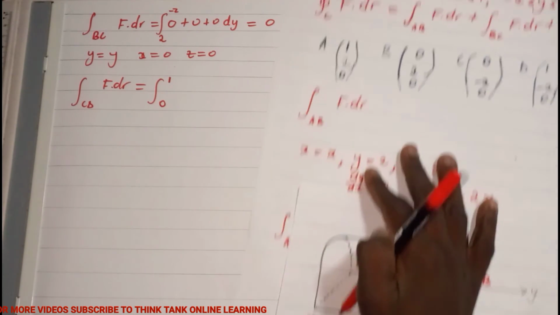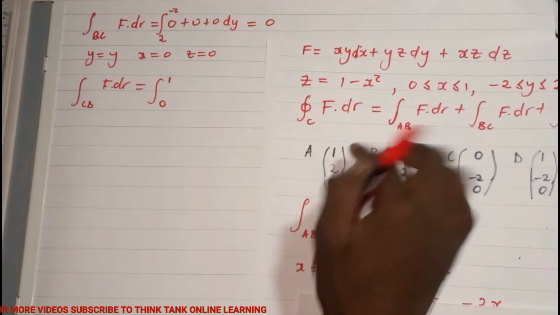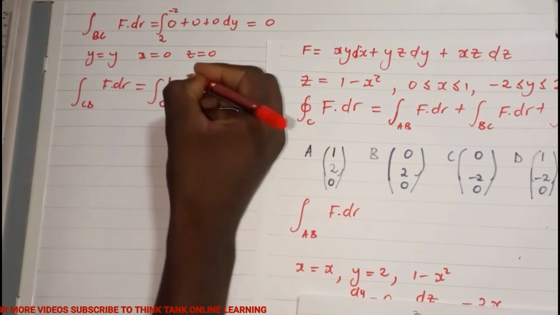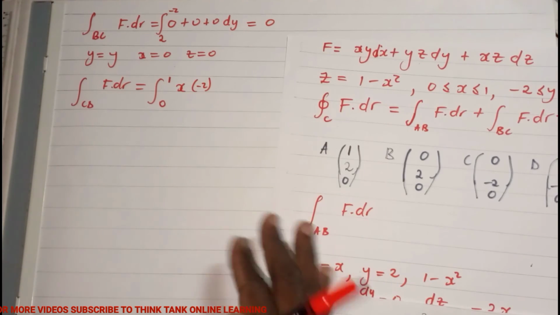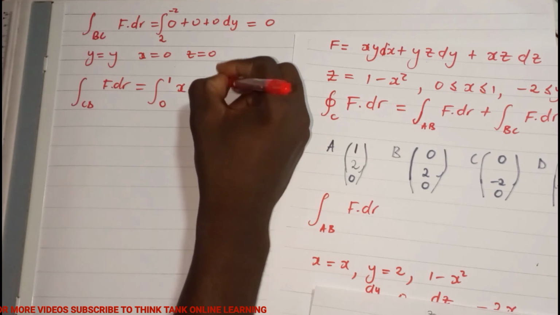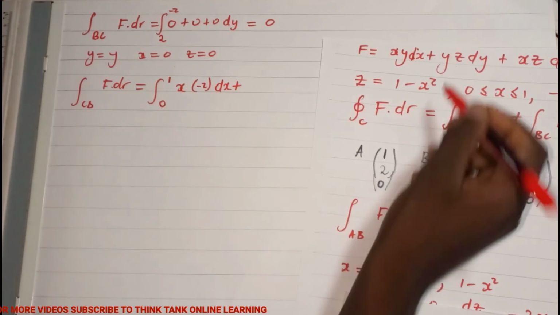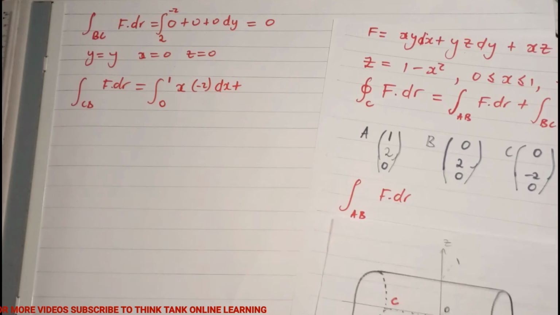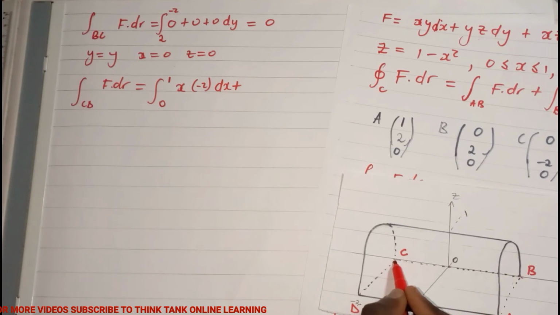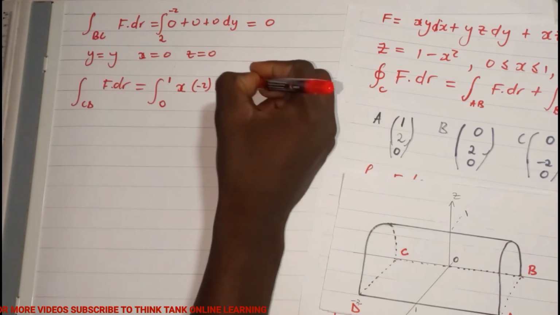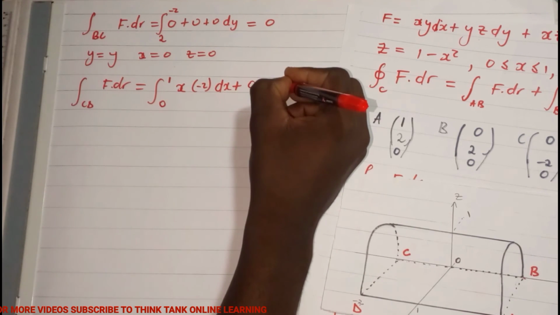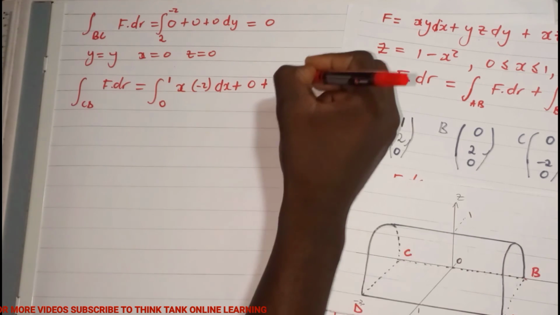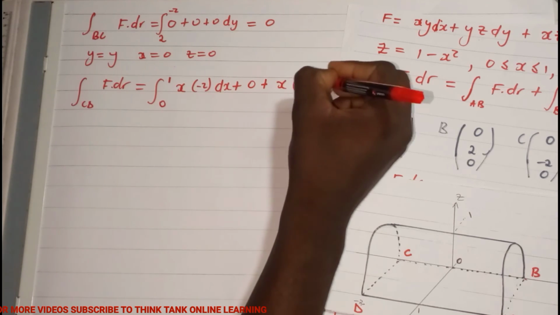Then we have xy, where y is -2, so that is going to be y dx, plus yz, where z is 0 here, so we get 0, plus xz, where x times z is 1 minus x squared.